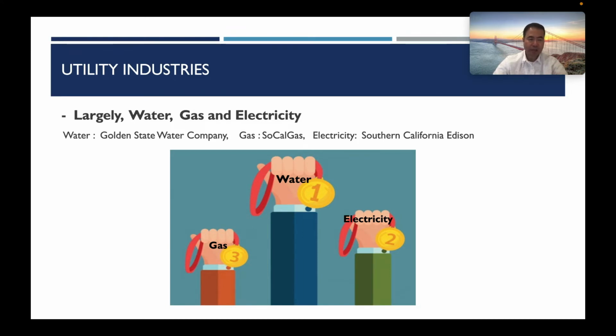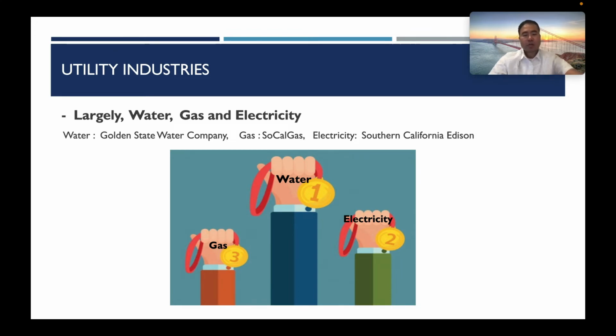Sometimes service is disconnected. They want to make more money, so they raise the bills a lot, and then people can't buy. That is not good for individuals, right? For the company it doesn't matter. But because it's important for everyone and everyone needs it, the government tries to control and regulate it, so that the supply goes out safely and stably.